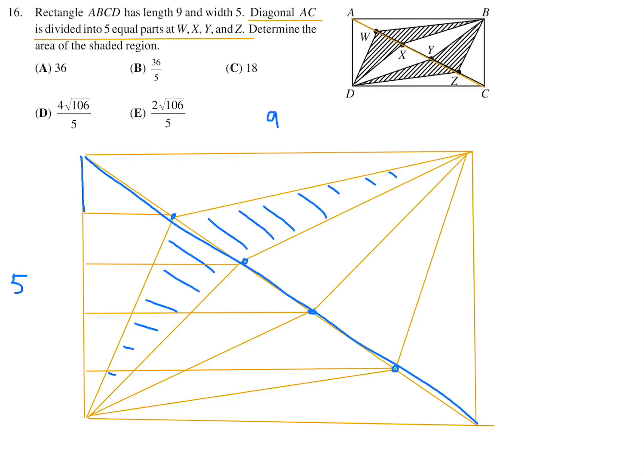Okay, so that's very important. And the same thing holds true for the top. If you were to draw perpendiculars to the top like that, if I can make them straight, it would divide the top by also 5 equal segments.